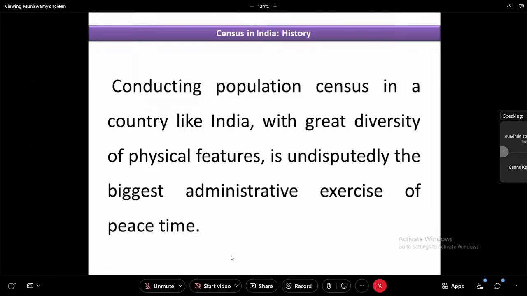We require the entire country's data: education, scientific, social, religion, culture, economic, health, all respects.